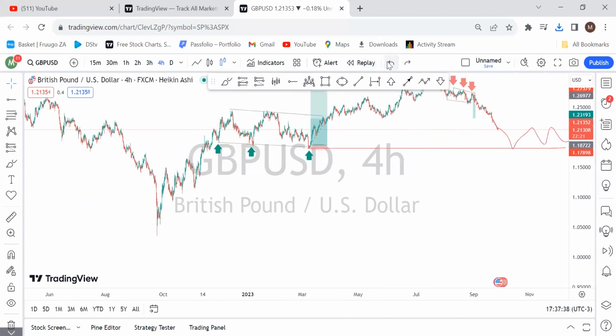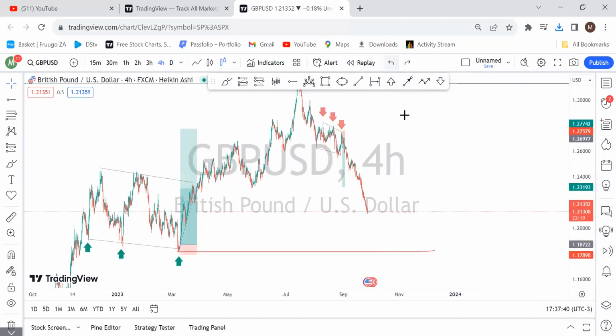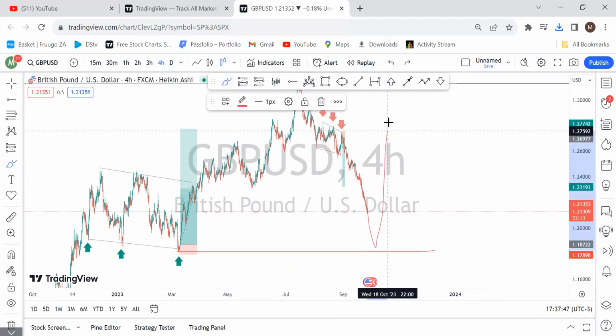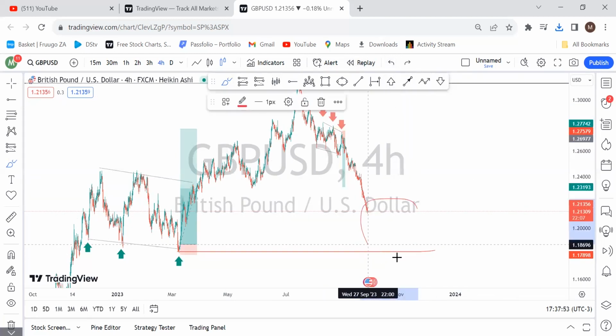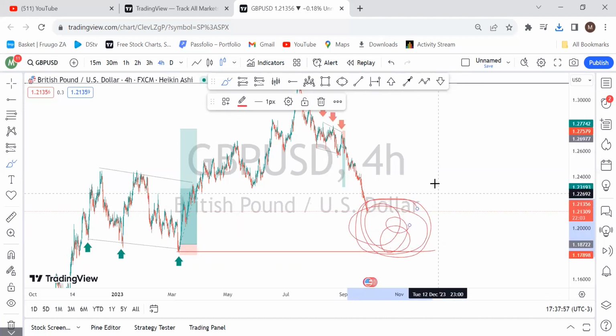Or the price could reach our support and then go back up. So it could happen either way. So you just need to focus on how the price behaves once it reaches these areas right there.